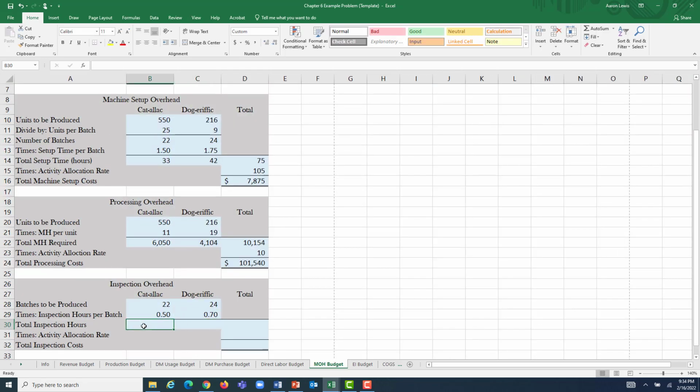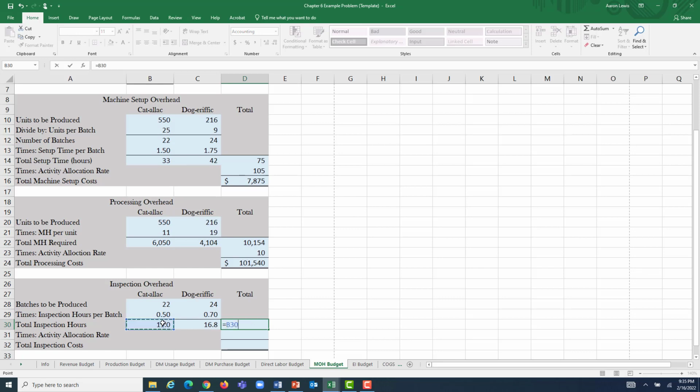Our total inspection hours, if we're inspecting 22 batches of Cadillacs, and each one takes a half an hour, that is 11 hours to inspect all of the Cadillacs during the period. Dogorifics, we take the number of batches we're planning on producing times how long it takes to inspect each batch, and inspecting those 24 batches of Dogorifics is going to take our inspector 16.8 hours during the period.